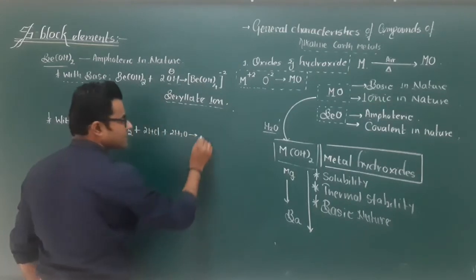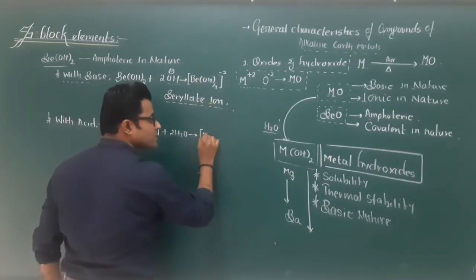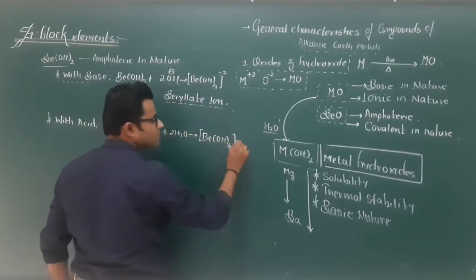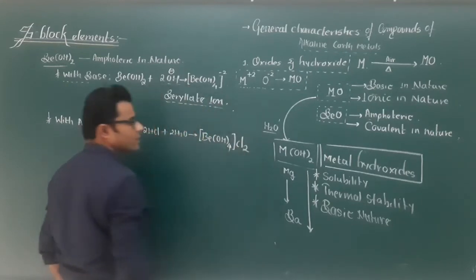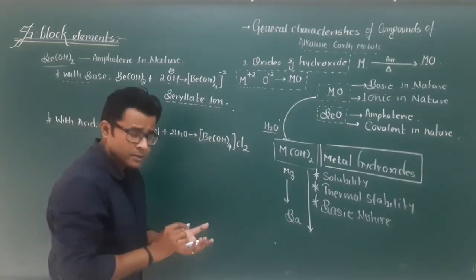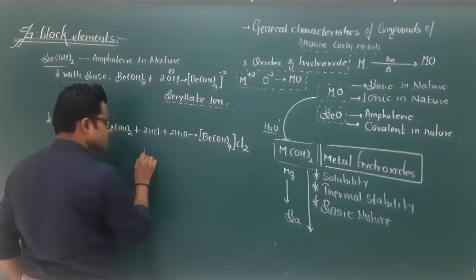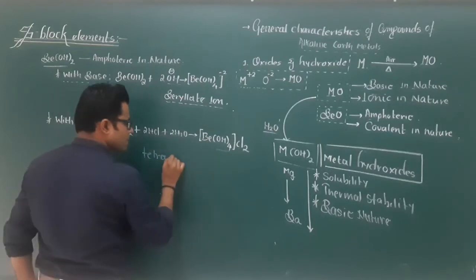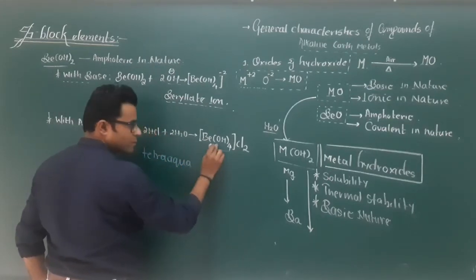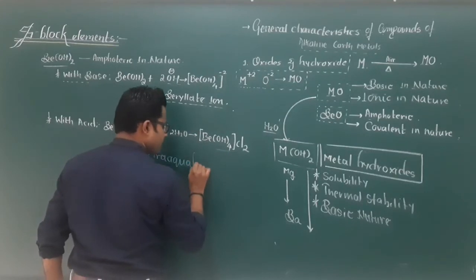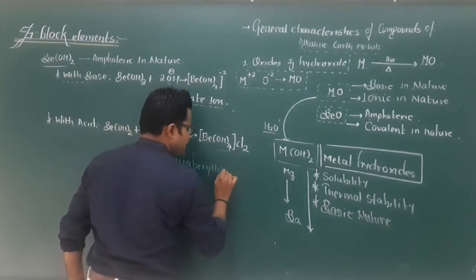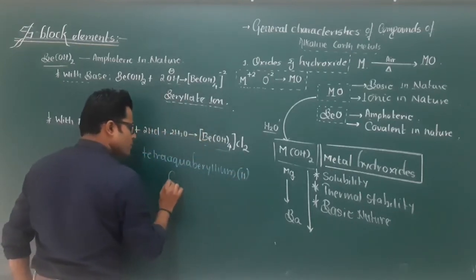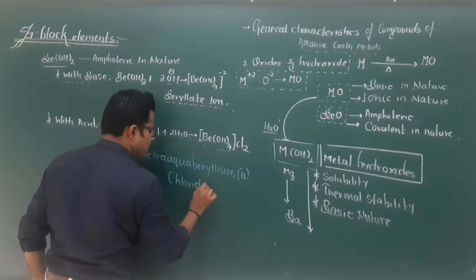It will give us almost the same composition but with a small change from the beryllate ion. This compound we call tetraaqua beryllium(II) chloride.